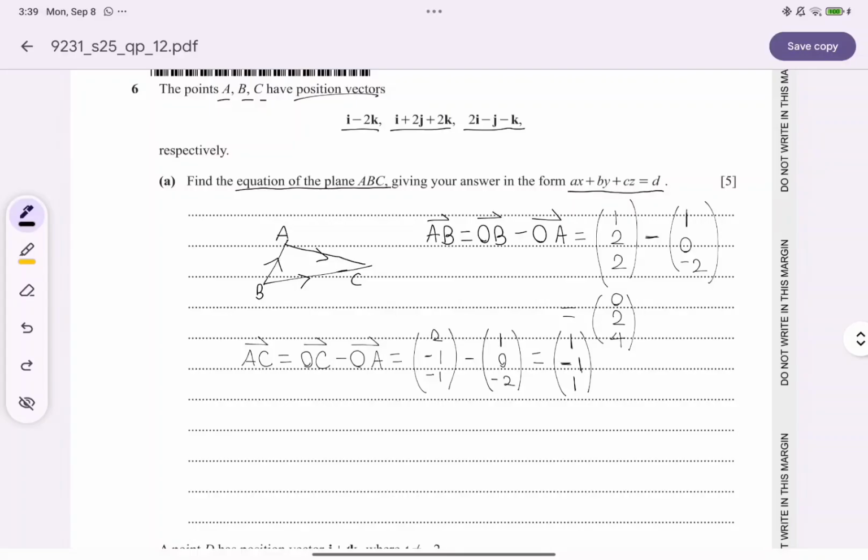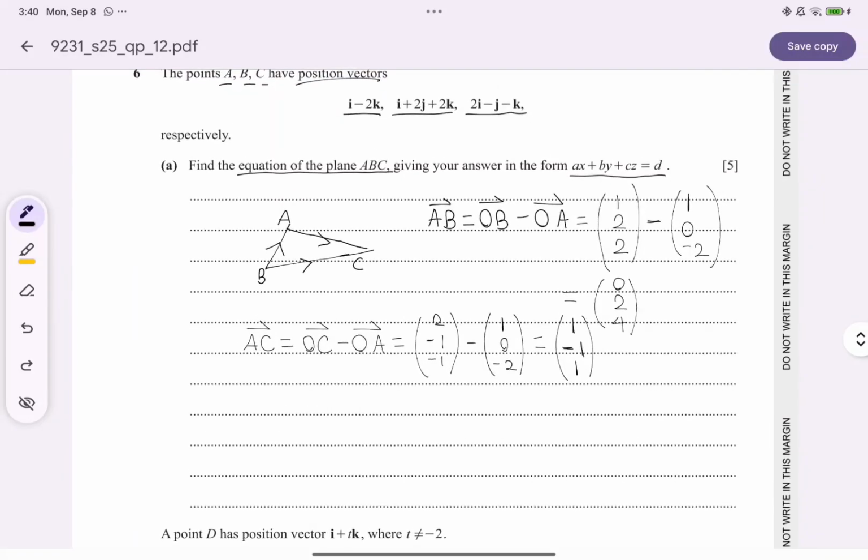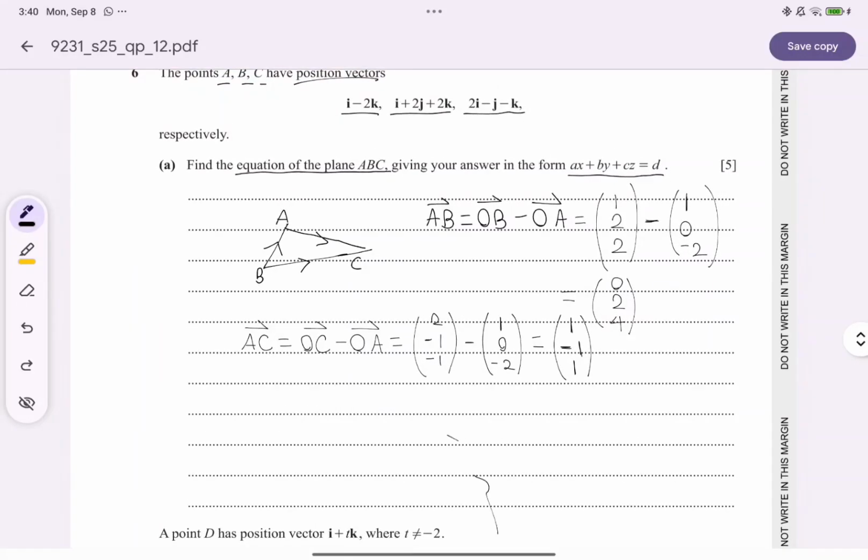So these are our direction vectors, which we're going to use to find the normal. So to find the normal, just take the vector product of these two vectors, which gives you the common perpendicular.